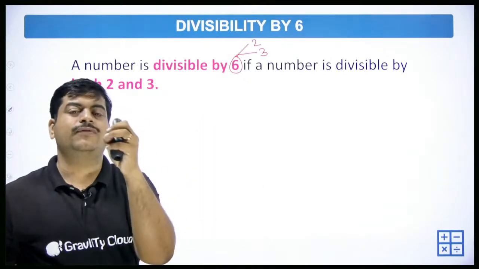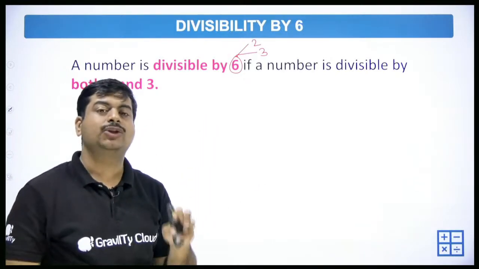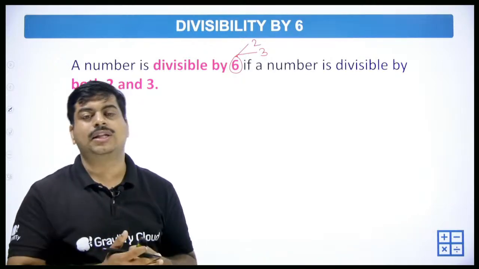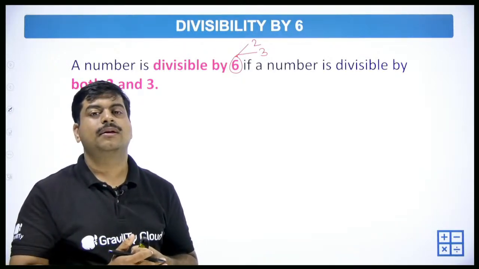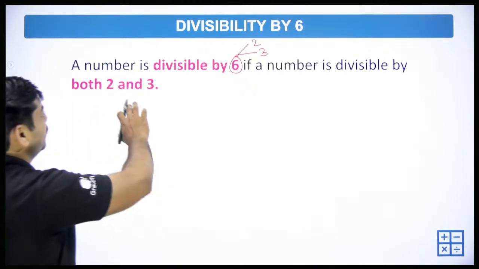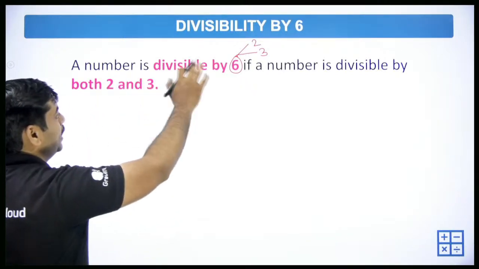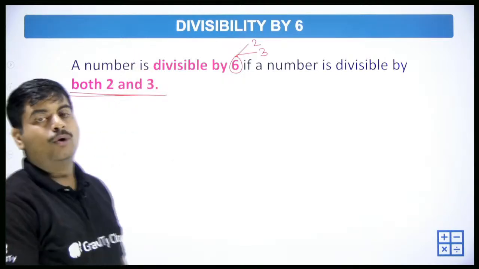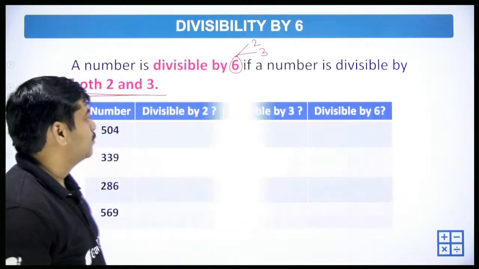For 2 it is an even number, for 3 the sum of the digits should be divisible by 3. So a number is divisible by 6 if it is divisible by both 2 and 3, correct? So let's move ahead.